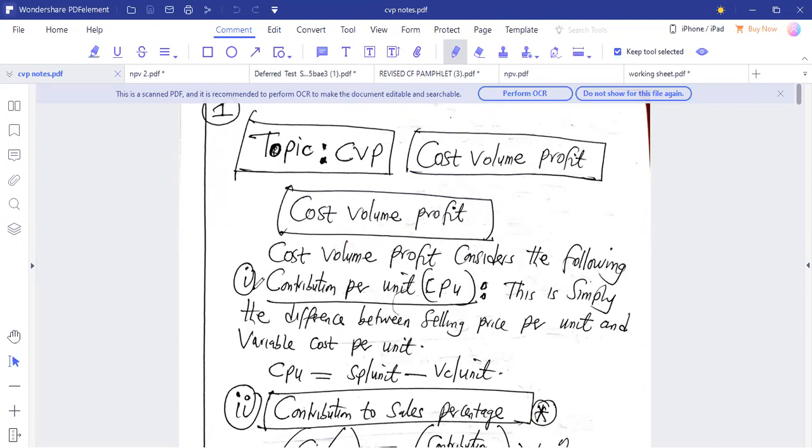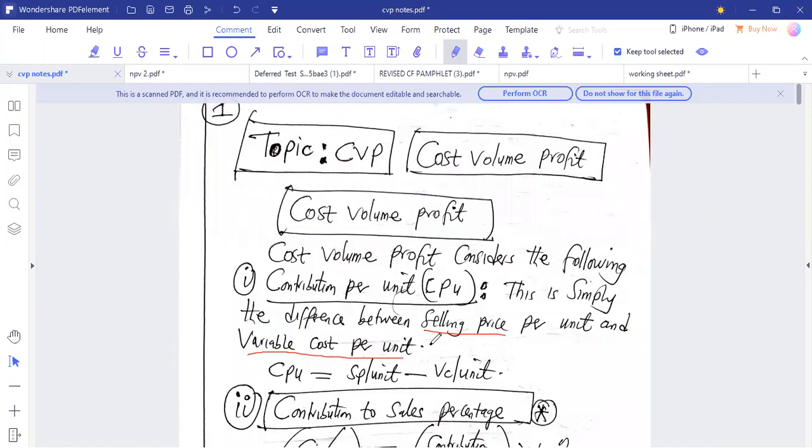The first aspect we need to look at is the CPU, which is the contribution per unit. The contribution per unit is simply the difference between the selling price per unit and the variable cost per unit. That is the term contribution. So contribution does not take into account the fixed cost per unit of a product.